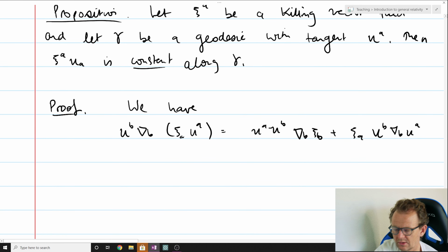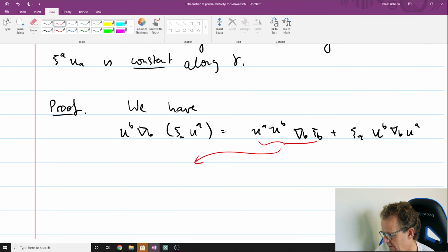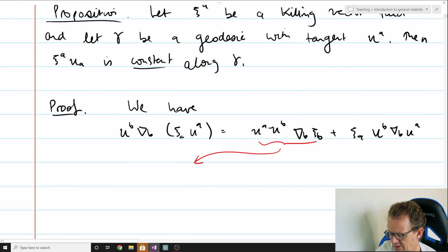So note that the quantity in question is a scalar, right? That ψ_A contracted with U^A is a scalar. Well, let's look at the two terms after applying the Leibniz rule. Well, the first one, this one's actually 0 because the tensor U^A U^B is contracted against ∇_B ψ_A, I apologize.